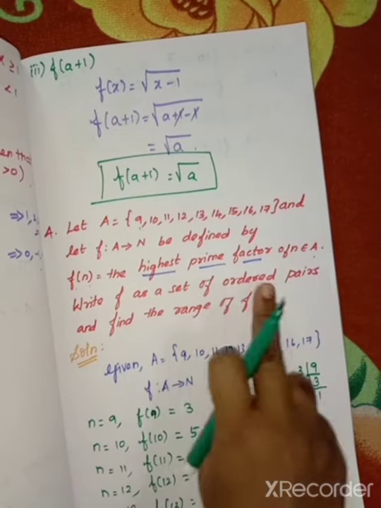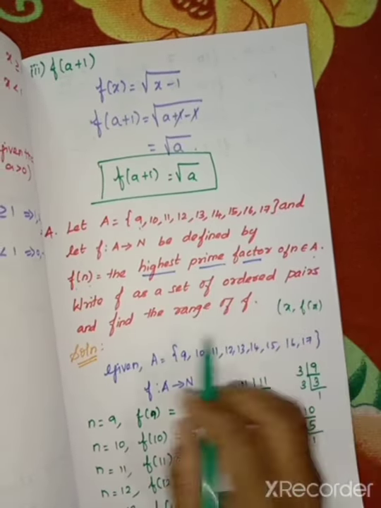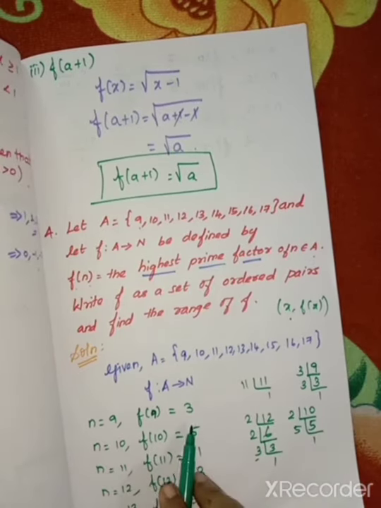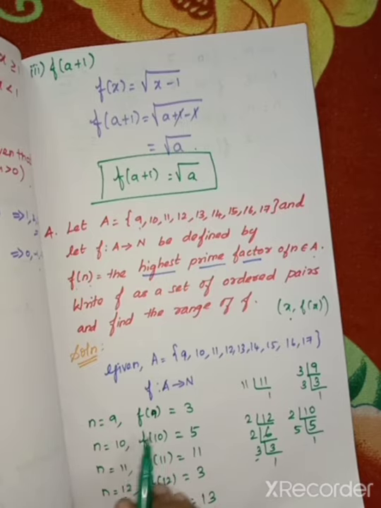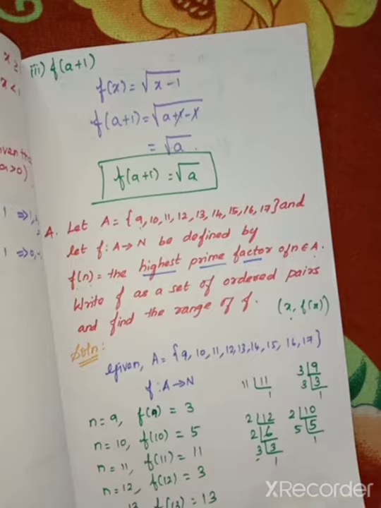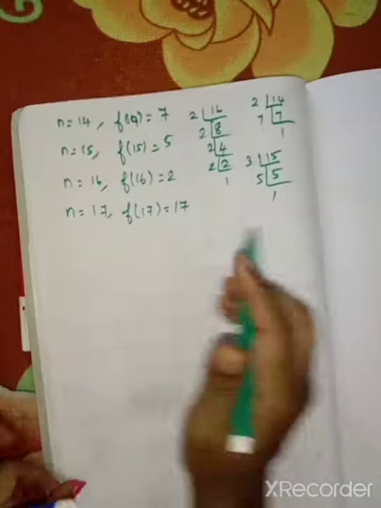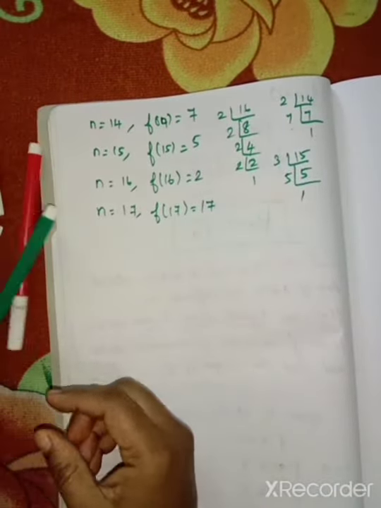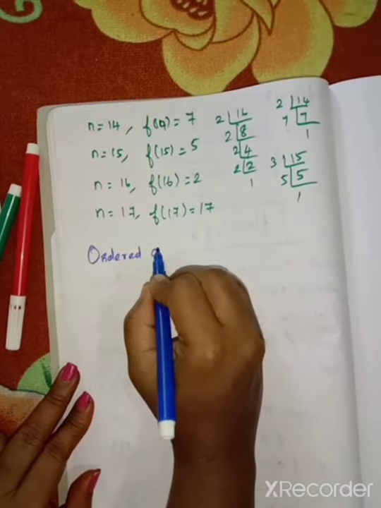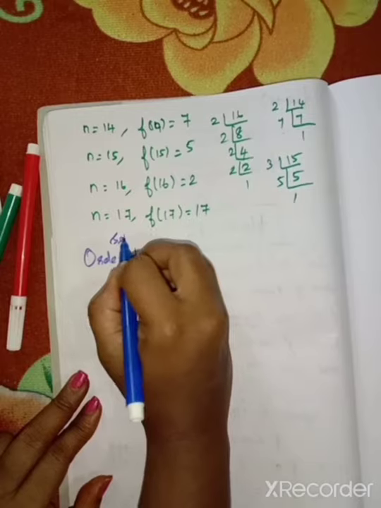So f is considered as, we know that x comma f of x gives ordered pairs. Here the given is n, f of n. So n is 9 means the ordered pair is 9 comma 3. So we can write 9 comma 3, 10 comma 5, 11 comma 11. Set of ordered pairs they ask.